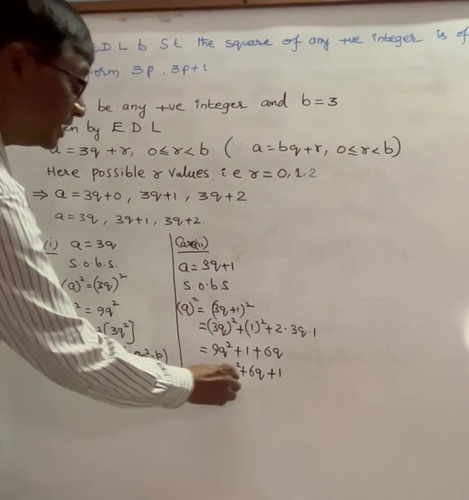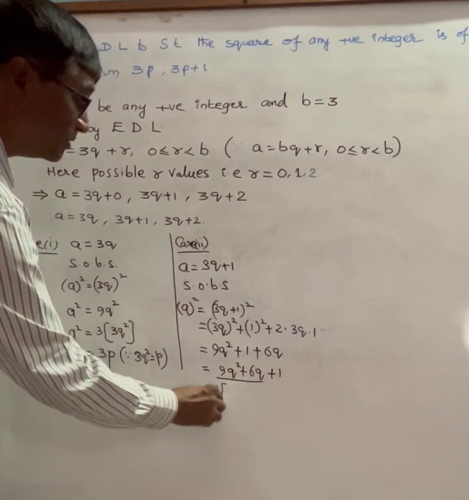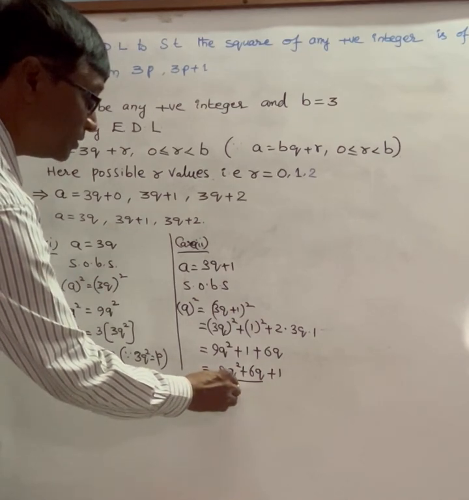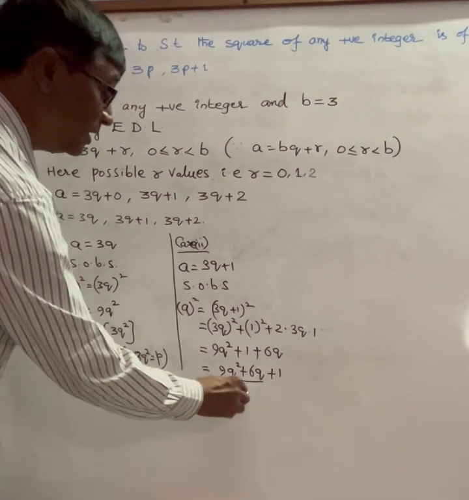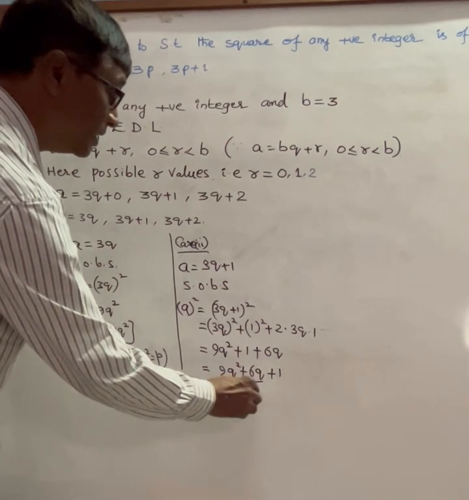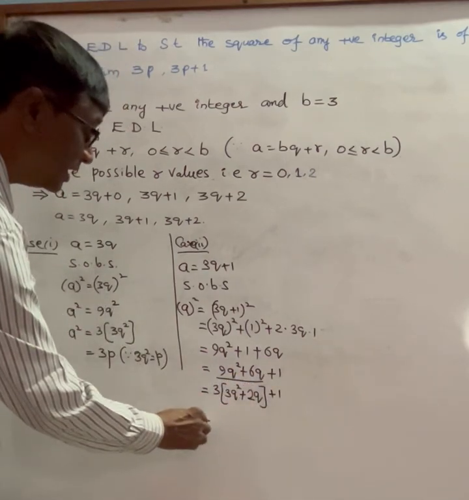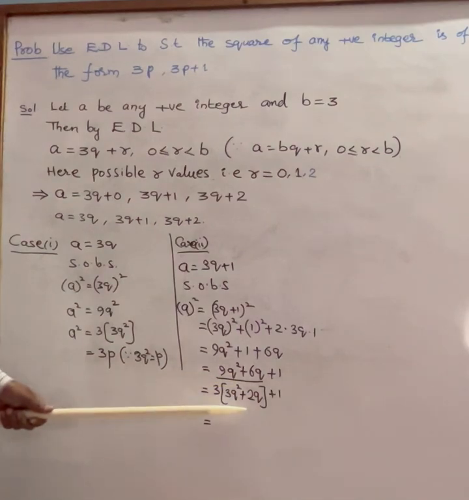We may take 3 common from these two terms, which becomes 3 into 3q square plus 2q, plus 1. Here q is an integer. If we take q as an integer, this number also becomes an integer.